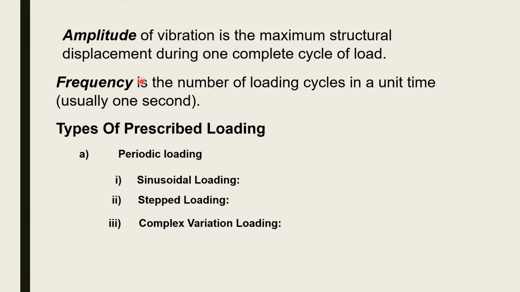Frequency is the number of loading cycles in unit time, meaning how many cycles pass in 1 second. For any rotational motion or any waves of water, the number of cycles passing through a point in 1 second is called the frequency. These are basic definitions.